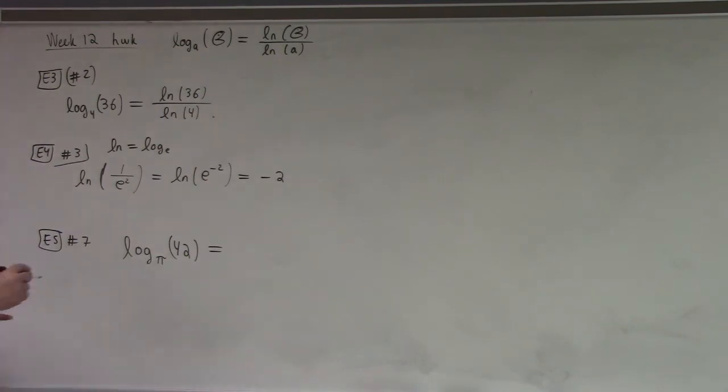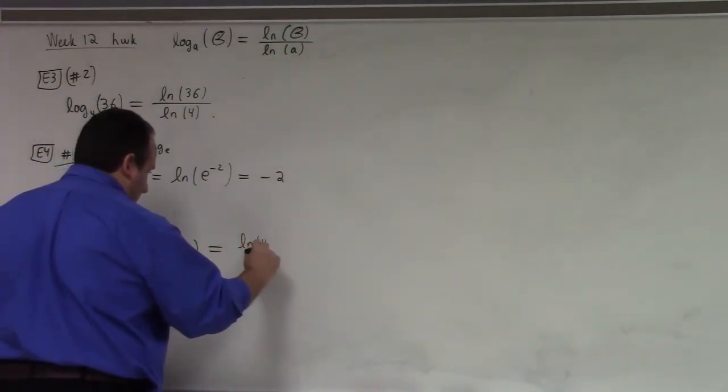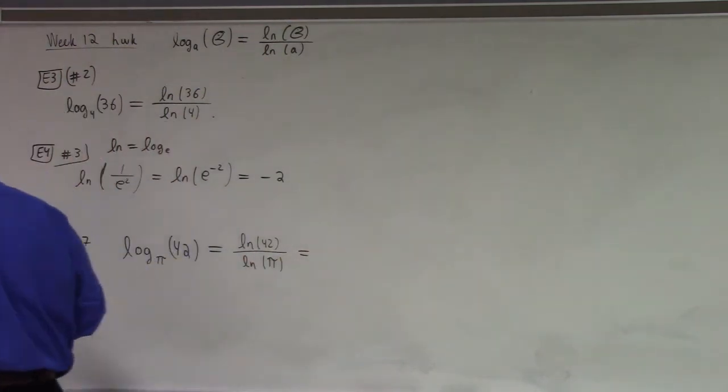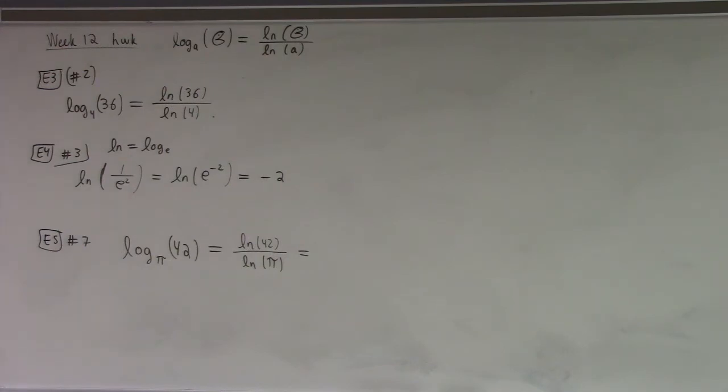So I would do natural log of 42 divided by the natural log of pi. You guys know what pi is? You remember? 3.1415 blah, blah, blah. All that stuff. You remember? 3.14159201745677.